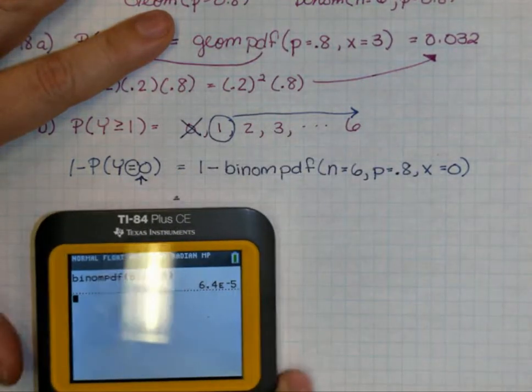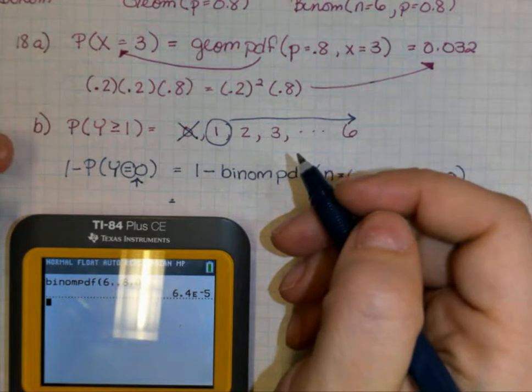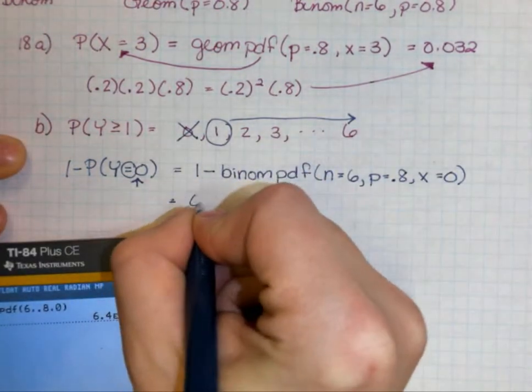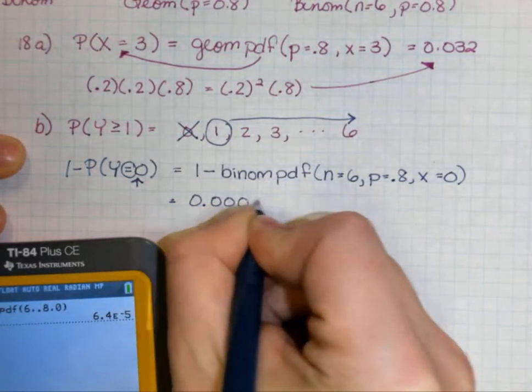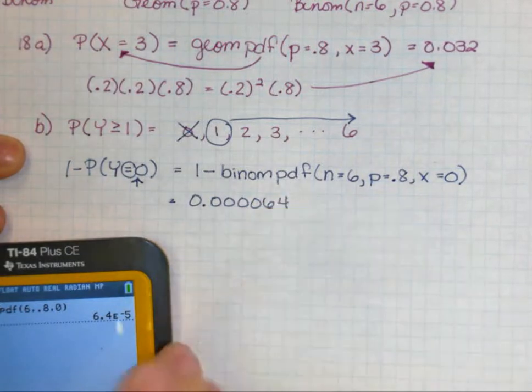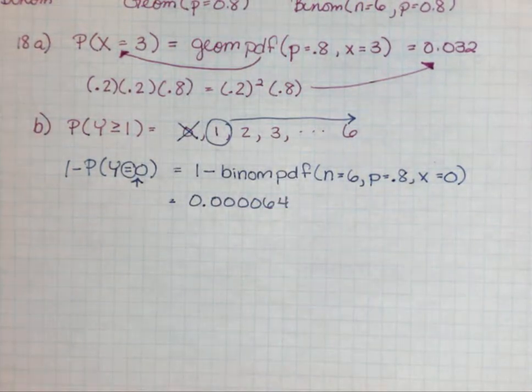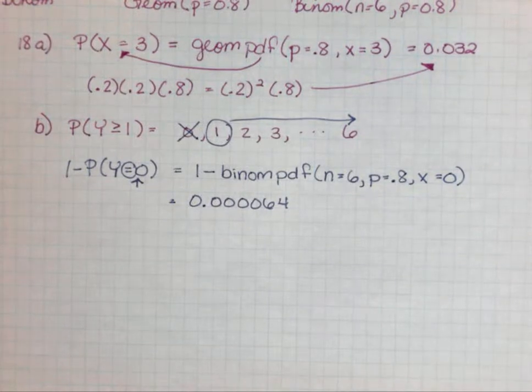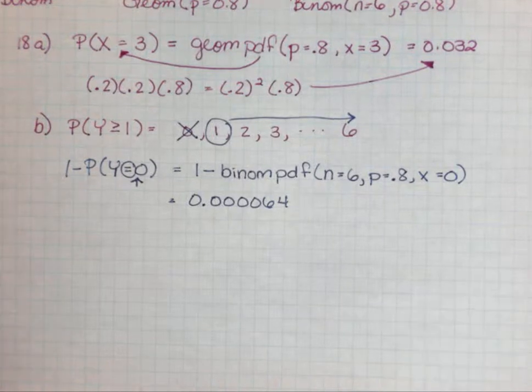So if you want to write that, you can either write 6.4 times 10 to the negative fifth, or 1, 2, 3, 4, 6, 4. Yes. So I got the same answer. Oh, I didn't do 1 minus.